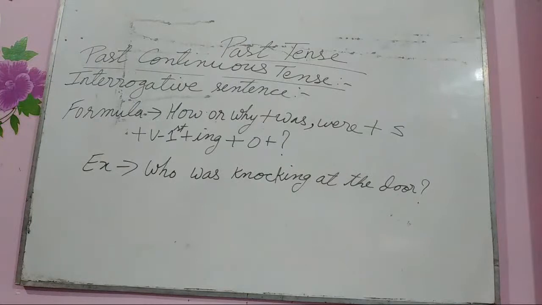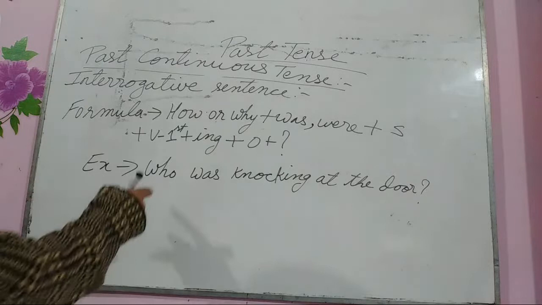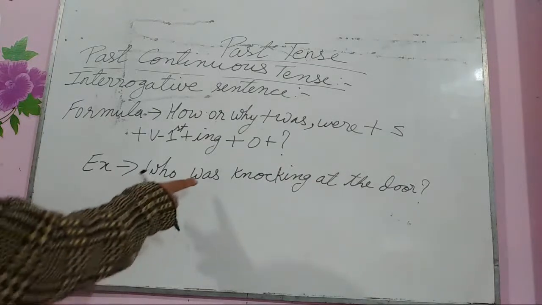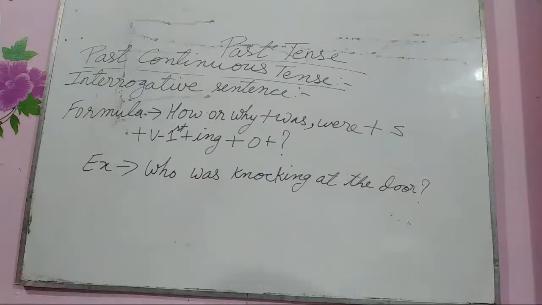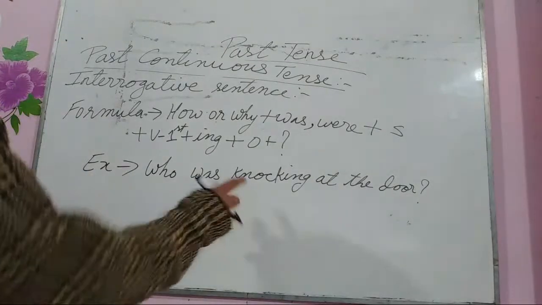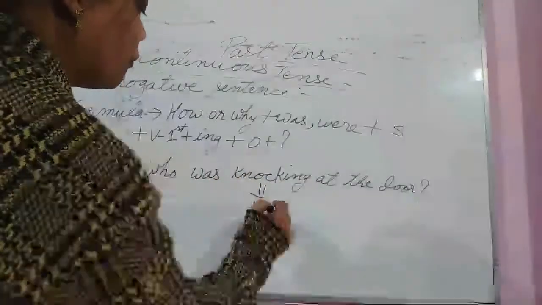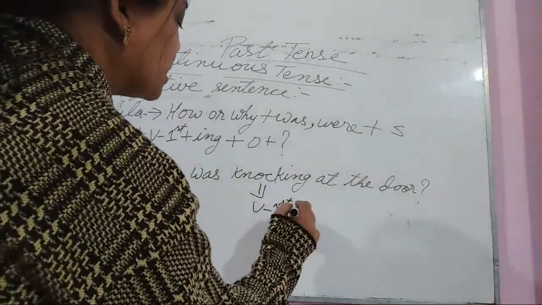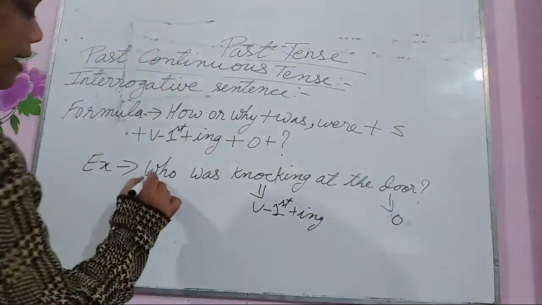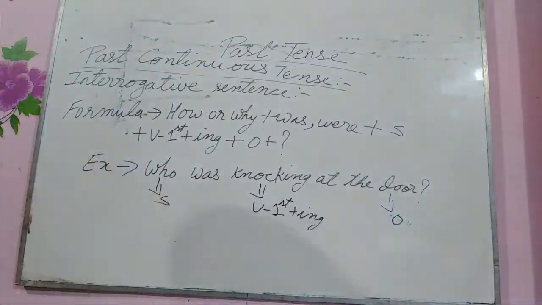So here as a question is asked, the sentence is starting with who. As the sentence is in the past continuous tense, so was knocking. Here knocking is your verb of first form plus ing and door is your object, whereas who is the subject. Who was knocking at the door.